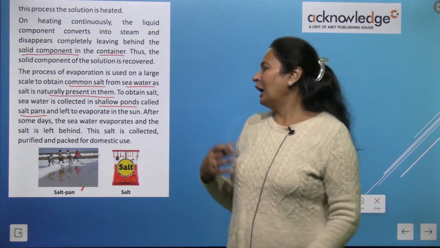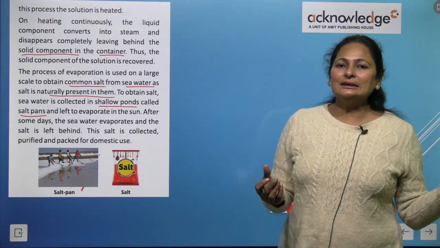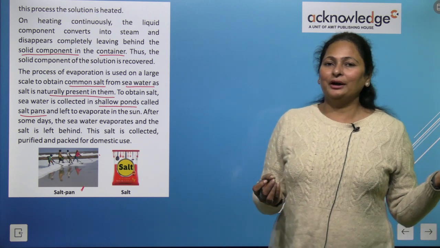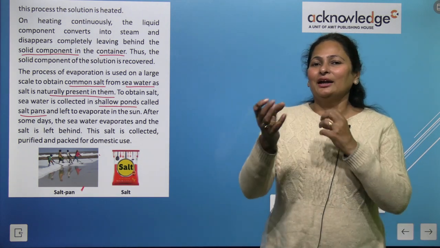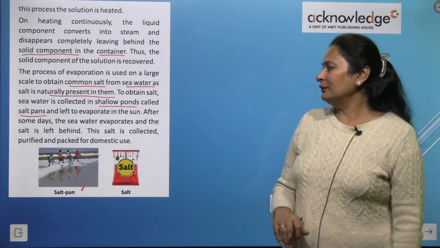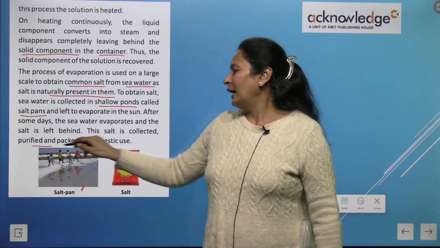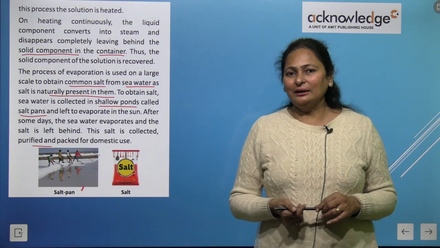And what will happen after some days? What you will see is that the seawater is completely evaporated, and what is left behind? The salt is left behind. Now we collect it, right, and preserve it, purify it, and pack it for use, right?